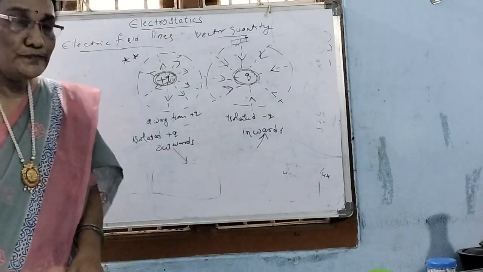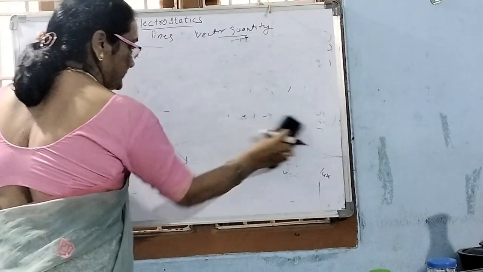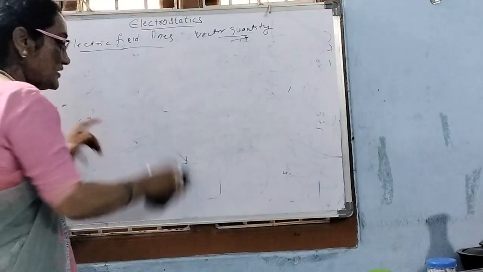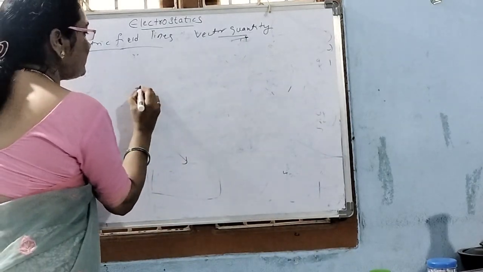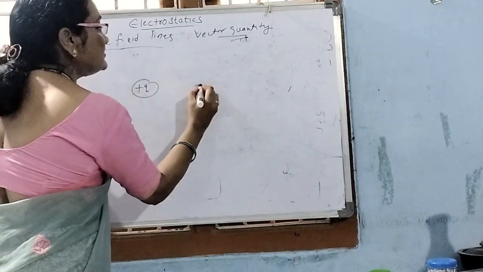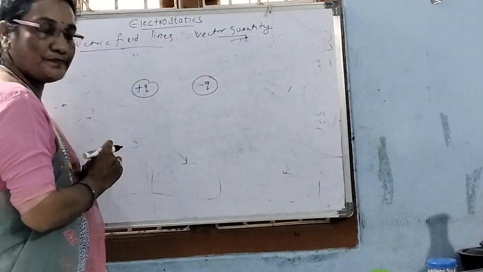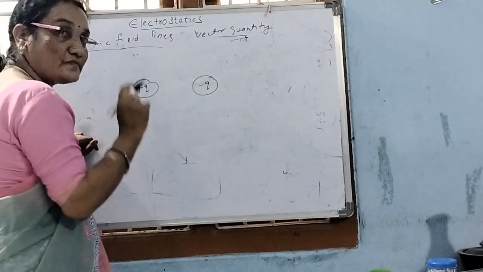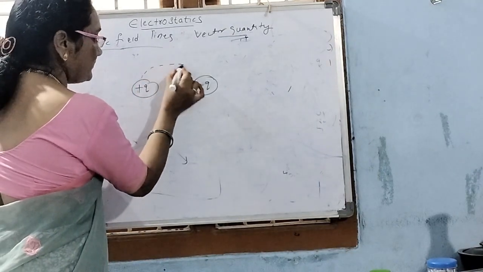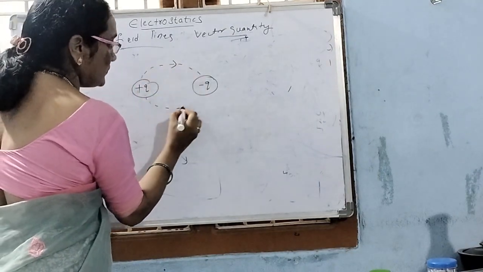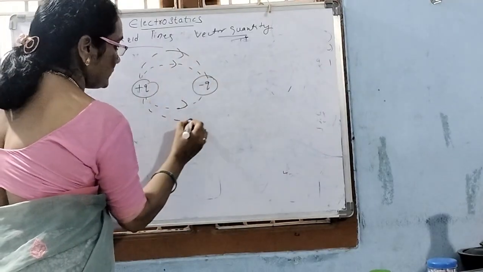Now, if we take two charges. Before, we talked about an isolated charge. Now let us take two charges, first unlike charges. Plus, minus. Flux lines every time flow from positive to negative.